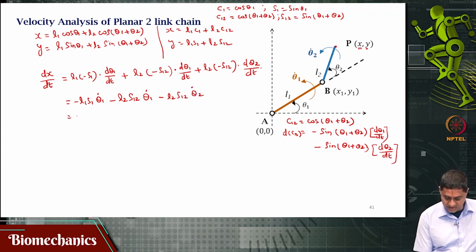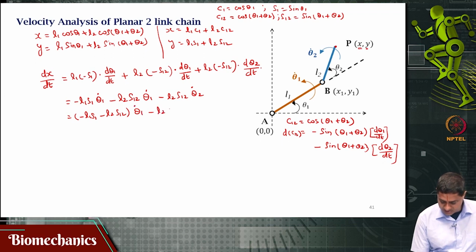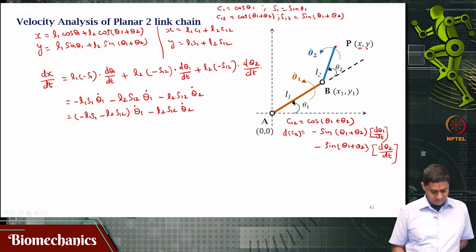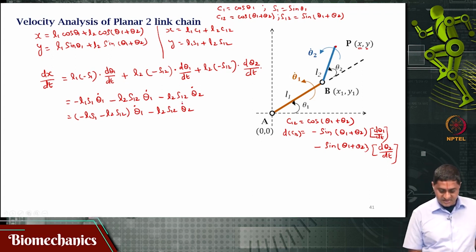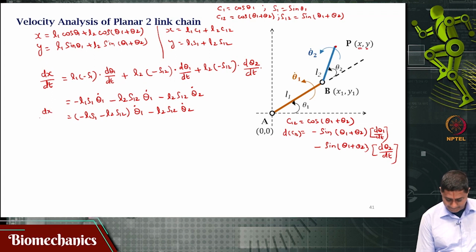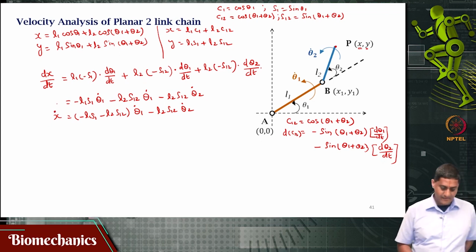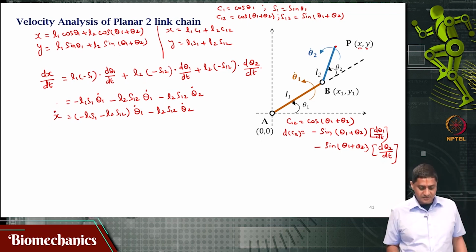Because theta 1 dot is common, I am saying minus L1 S1 minus L2 S12 times theta 1 dot minus L2 S12 times theta 2 dot. This is dx by dt, or rather x dot. Now, the question is, what is y dot?